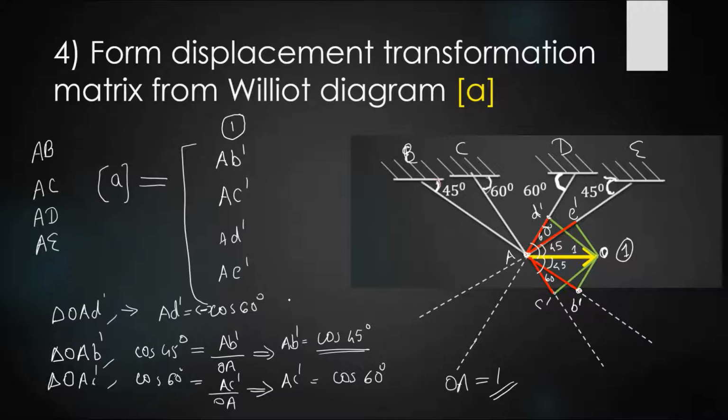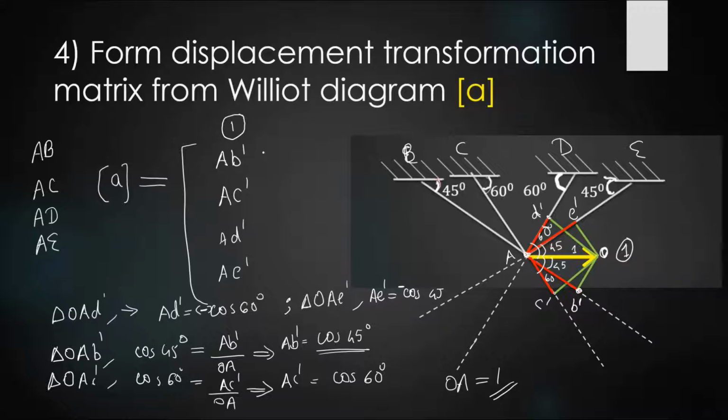And similarly, from triangle OAE dash, AE dash can be written as cos 45, and since it is also measured in the opposite direction of the extended line, the sign will be negative.